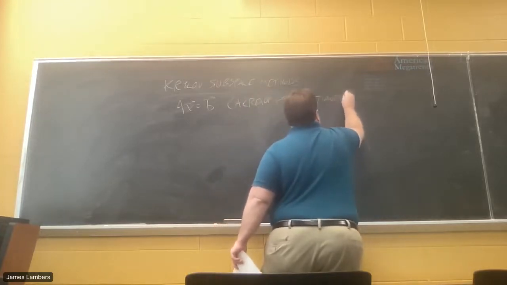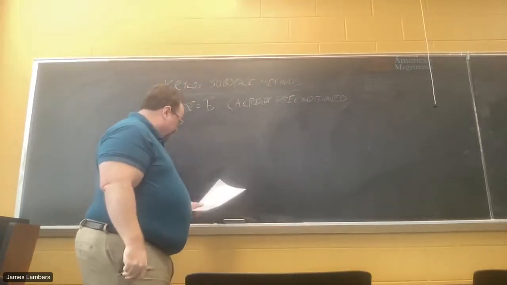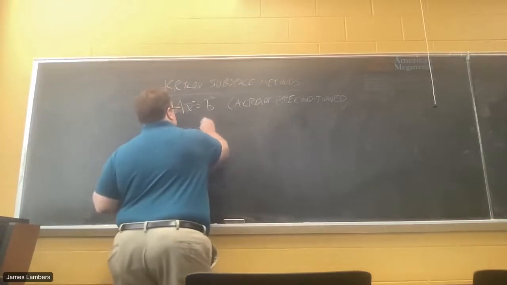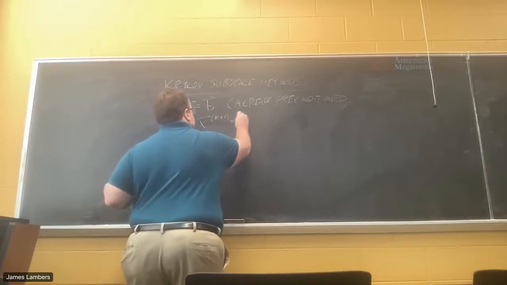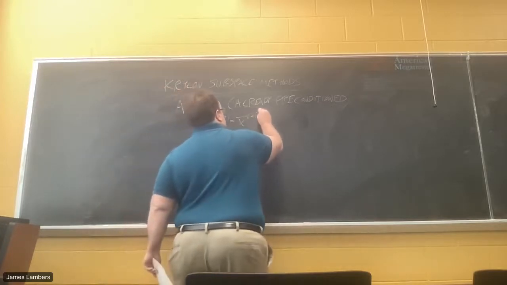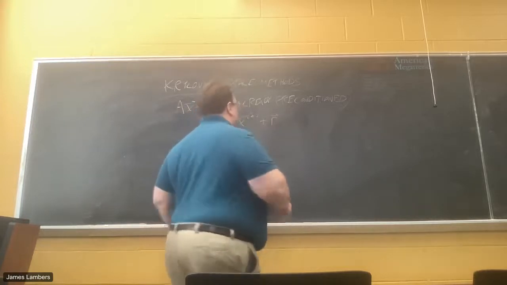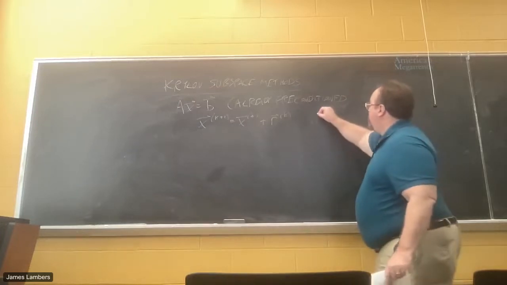In other words, the matrix A is reasonably close to identity, or at least it's well conditioned. So then we have this iteration, x_{k+1} equals x_k plus r_k, and to refresh your memory, r_k is the residual.